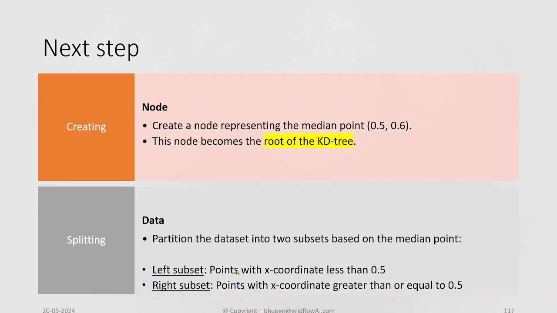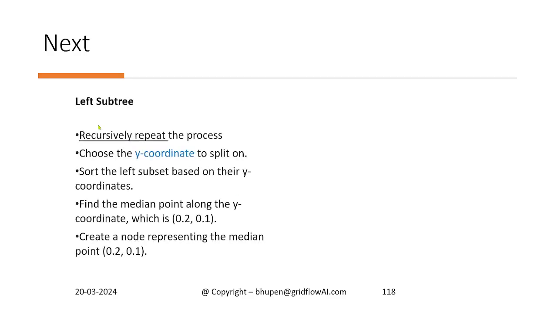The left node will have all the data points where column C1, the x coordinate, is less than 0.5. The right side would be column C1 again, which is greater than 0.5. So we are basically partitioning the data into halves. And this process will continue. We will have a left tree, and for the left tree, we again repeat the same process.